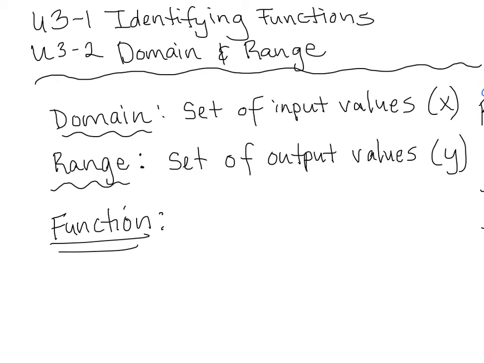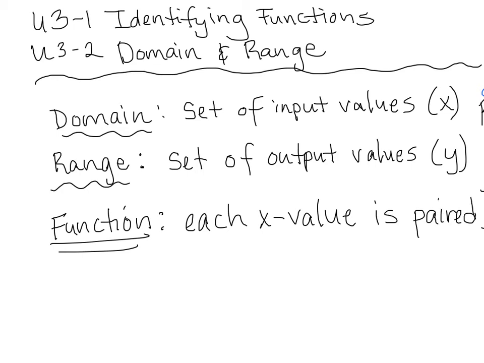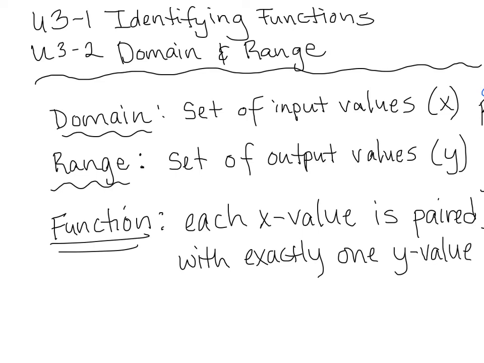The definition of a function is that each x value, so each input value, is paired with exactly one y value, or one output value. And that's the important piece: if an x value is paired with more than exactly one y value, that relation is not a function.